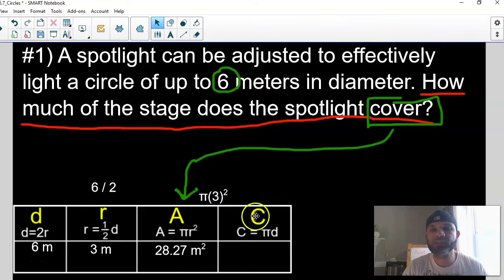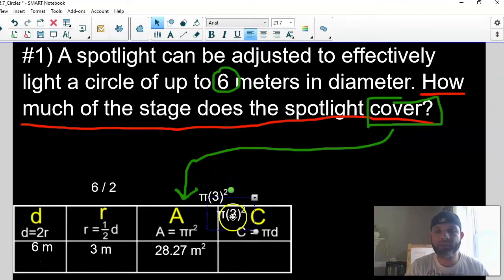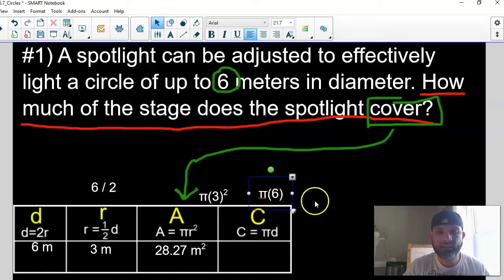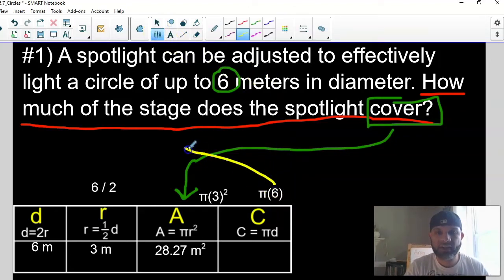But let's figure out the circumference. The circumference is just pi times the diameter. So in other words, it's pi times, what's the diameter? The diameter is 6. Where do I get that 6 from? Again, this 6 is the diameter. Here's our diameter column, 6 meters.